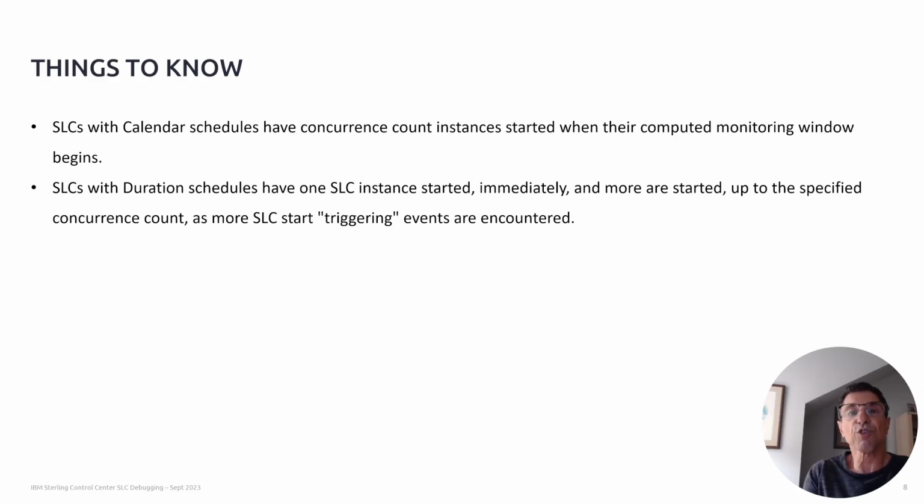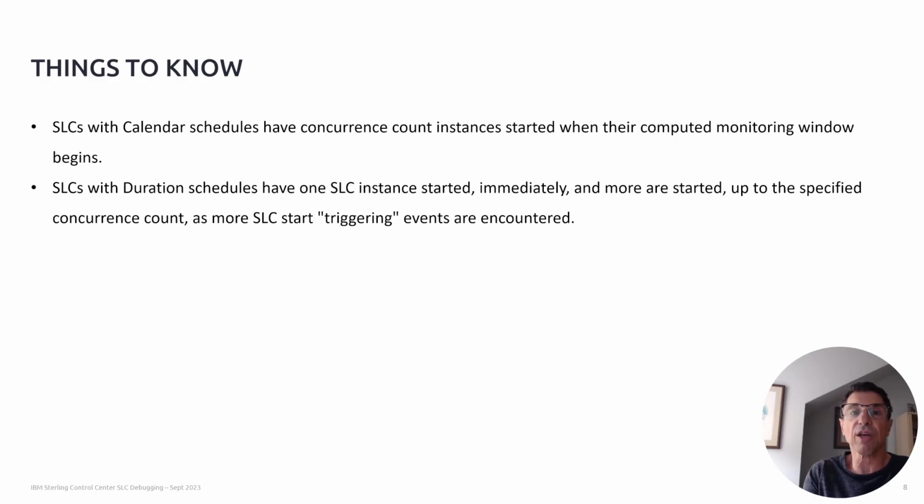SLCs with duration schedules, on the other hand, the concurrence count tells the system how many instances might be able to run concurrently at the same time. And if you have the concurrence count set lower than it should be, then instances of whatever your match criteria are looking for may not be monitored.